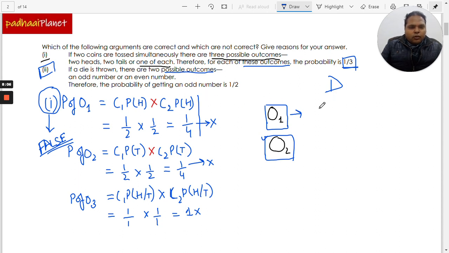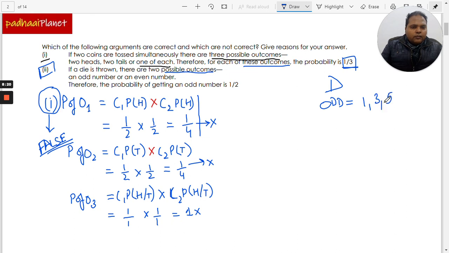Let's write down the odd numbers. So the odd numbers are 1, 3 and 5, and the even numbers are 2, 4, 6. Now they are saying that the dice is thrown, there are two possible outcomes, an odd number or an even number. Therefore the probability of getting an odd number is 1 over 2.